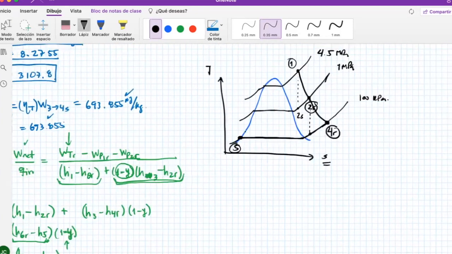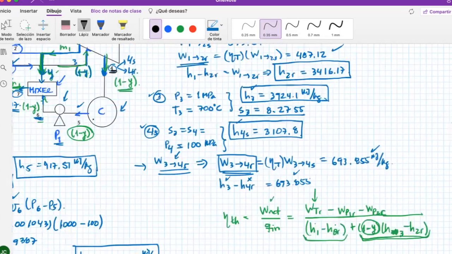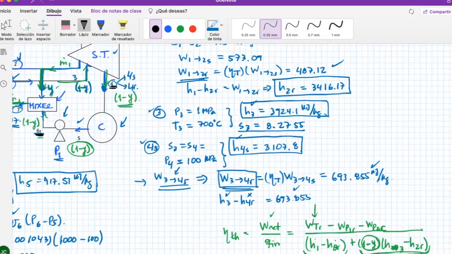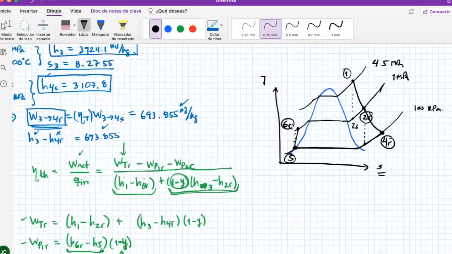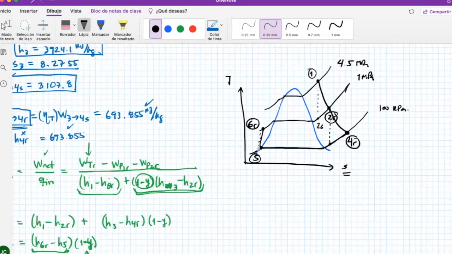I should be going vertically if this pump was isentropic, but it's not isentropic. Therefore, I'm going to move it a little bit to the right. So I got here to my 6R point. Let me check if that's correct. Yes, this is 6R because it's at 1 megapascal and it's coming from 5.